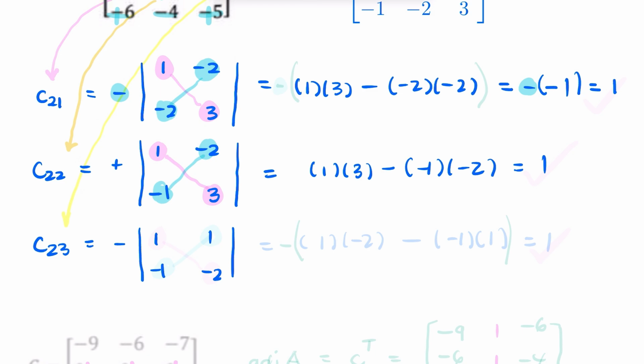And again, all we need to do is multiply the diagonals. So it's 1 multiplied by negative 2 minus 1 multiplied by negative 1.